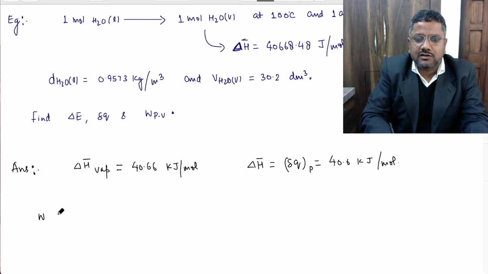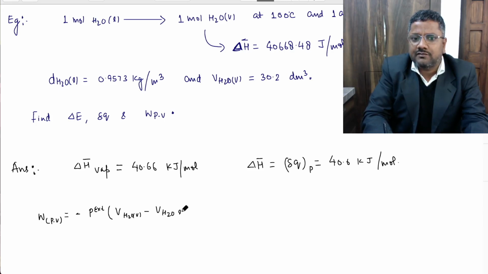Work WPV in this phase change is equal to minus P external times the volume of water vapor minus the volume of H2O liquid.